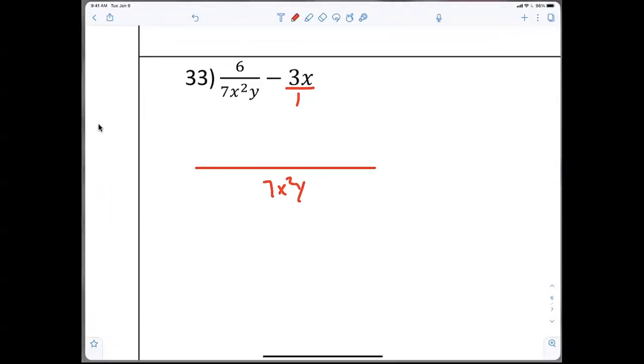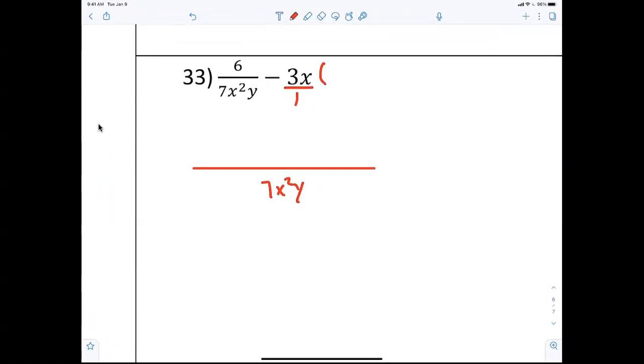So that means I have to multiply the one on the right by squared y. So this one's really easy. 6, what? Minus 21 x squared. Squared or cubed? Cubed. And then what? y.